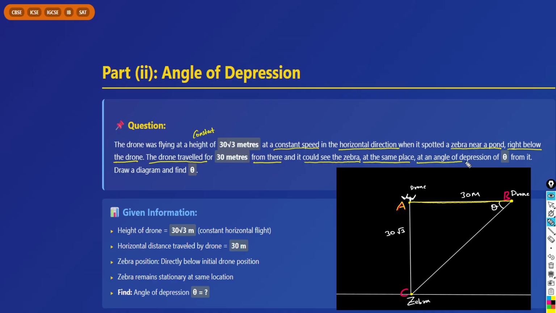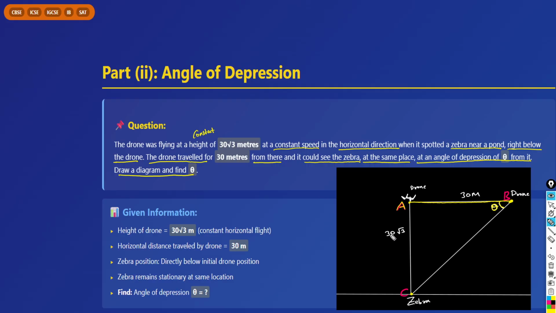Now the angle of depression of the drone from the zebra is theta. I am going to take this angle as theta, which is the angle of depression of the drone from the initial point of zebra. Now we are supposed to find this angle of depression theta. It's quite easy, as we can apply tan theta from this triangle ABC. That would be opposite 30√3 by adjacent 30.